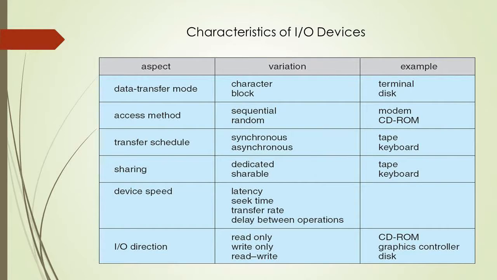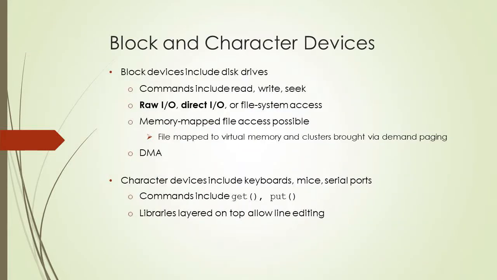Characteristics of I/O devices: each has aspects and variations, with examples in the photo here. Block and character devices. Block devices include disk drives; commands include read, write, and seek. Raw I/O, direct I/O, or file system access.